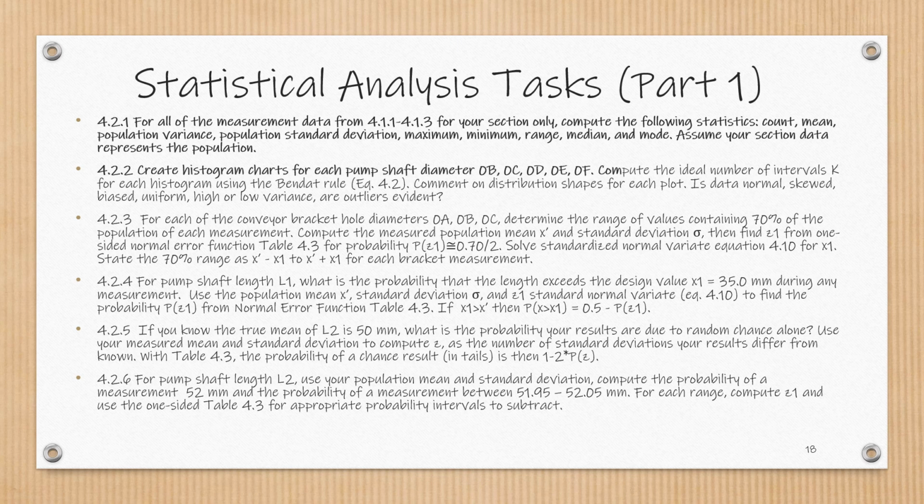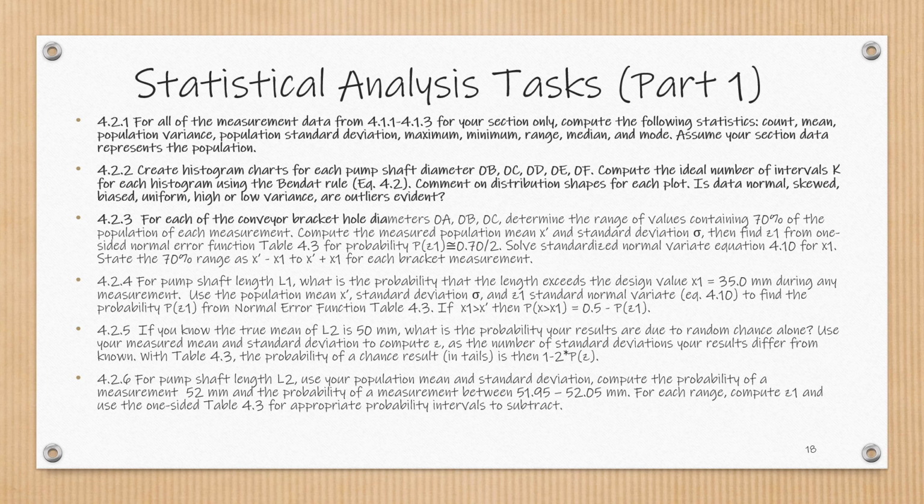Then we'll create histogram charts for each pump shaft diameter. We'll compute the ideal number of intervals for the histogram using the Bendat rule, and we'll comment on the distribution shapes, looking at is the distribution shaped normally or skewed, is there bias or uniform distribution evident, is there high or low variance, are there outliers evident.